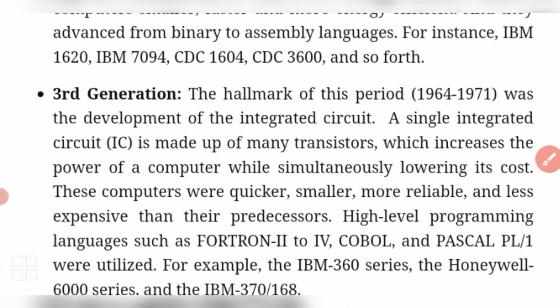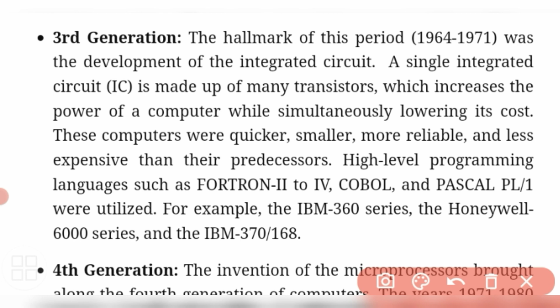That's why this generation resulted in smaller computers, which increased the power of computers immensely while lowering the cost. These computers were quicker, smaller, more reliable and less expensive than their predecessors, the first and second generations. High-level programming languages such as FORTRAN-II to IV, COBOL, PASCAL and PL/1 were utilized. For example, the IBM 360 series and Honeywell.